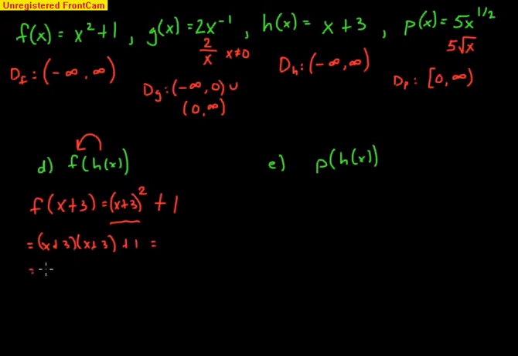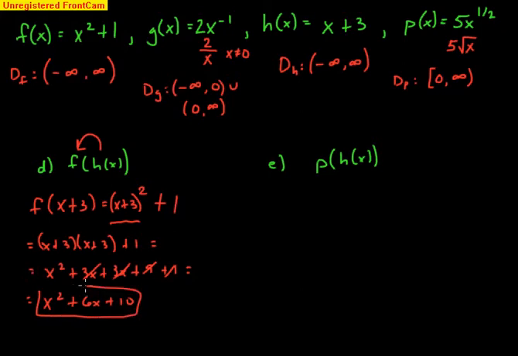And you need to FOIL it. X squared plus 3x plus 3x plus 9, and then the plus 1 comes down as well. And when you combine your like terms, x squared, 3x and 3x is 6x, 9 and 1 is 10. There is your new function.